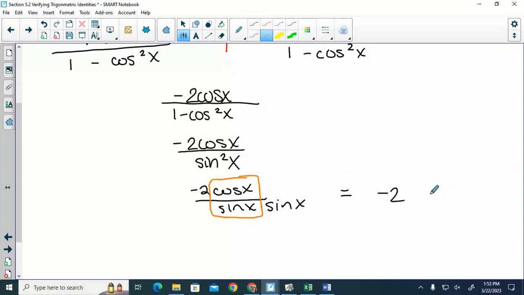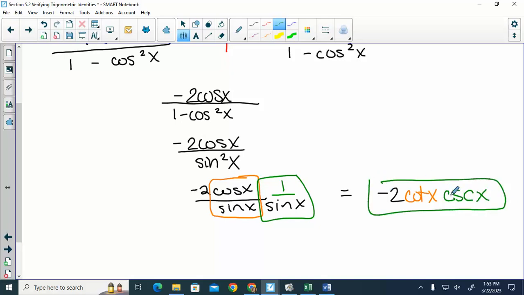What's cosine divided by sine? Okay, then I'm just left with a sine on the bottom, or you could think of it as 1 over sine, which is cosecant. So the only reason I'm allowed to do that is because it was all one term, no addition or subtraction. So we can break things up like that.